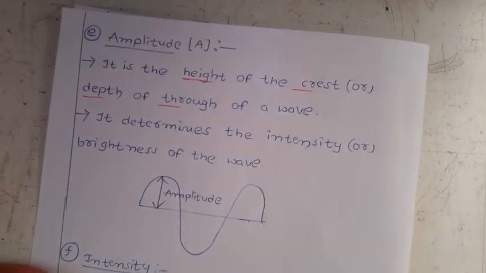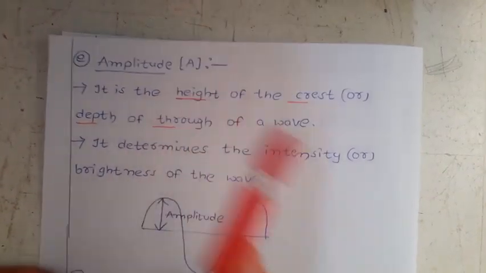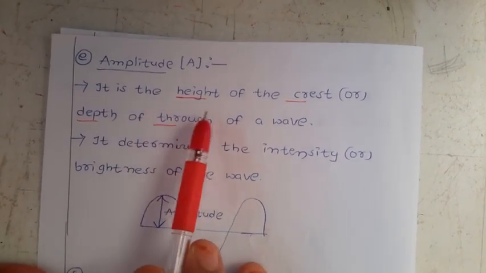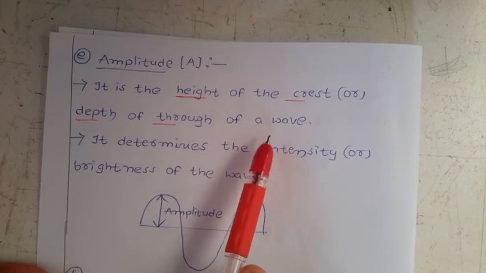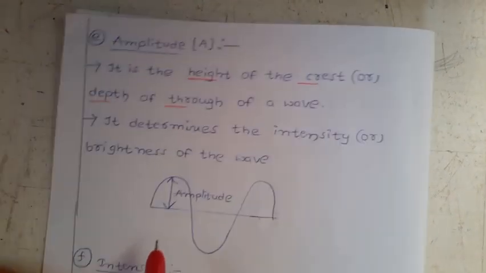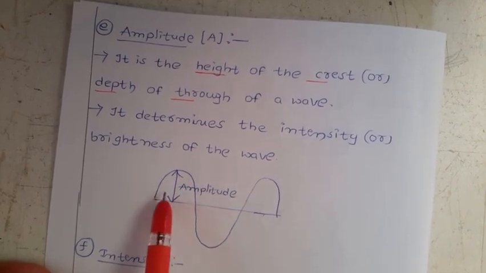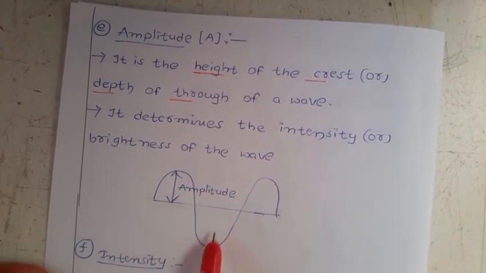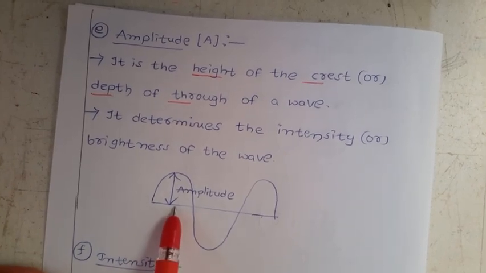Next we have amplitude. What is amplitude? Here the symbol is A. It is the height of the crest or depth of the trough of a wave. What is the meaning of that? For example, you are taking one wave. This is a crest, and you are taking the height, or the depth of the trough. That is called amplitude.